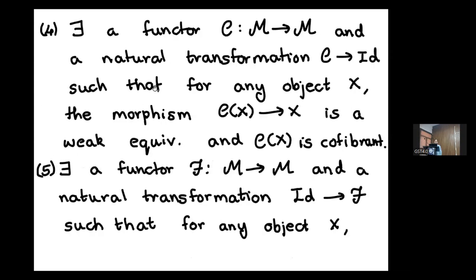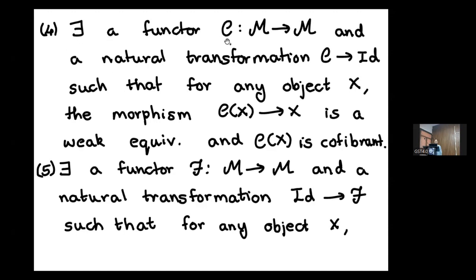And now that we have this notion of cofibrant and fibrant objects, just like we saw with the category of simplicial sets, you have a functorial way of replacing a simplicial set by a weakly equivalent Kan complex. So you want to have similar things. So basically there should be a cofibrant replacement functor and a fibrant replacement functor.